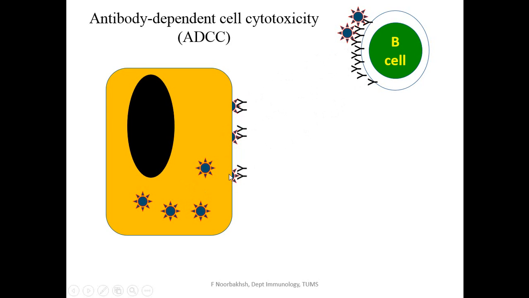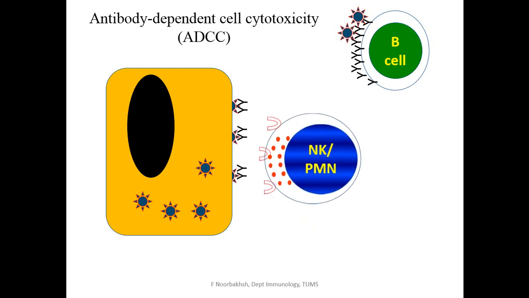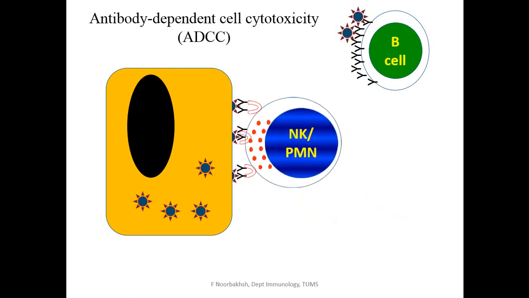Once the antibodies are bound to the surface of a cell which is showing viral antigens, two things can happen. One is that complement can get activated, and by punching holes at the surface of the infected cell can kill the cell, and also viruses inside it. And another thing is that we have a couple of cells which like the antibodies which are bound to surfaces. One of these cells are the neutrophils, the same ones that phagocytose, and other ones are natural killer cells.